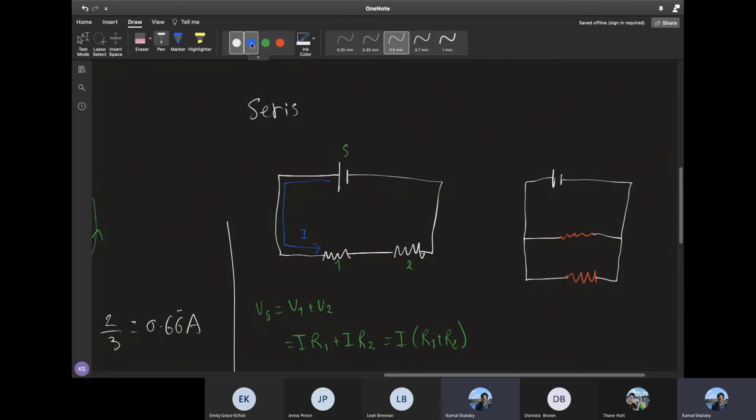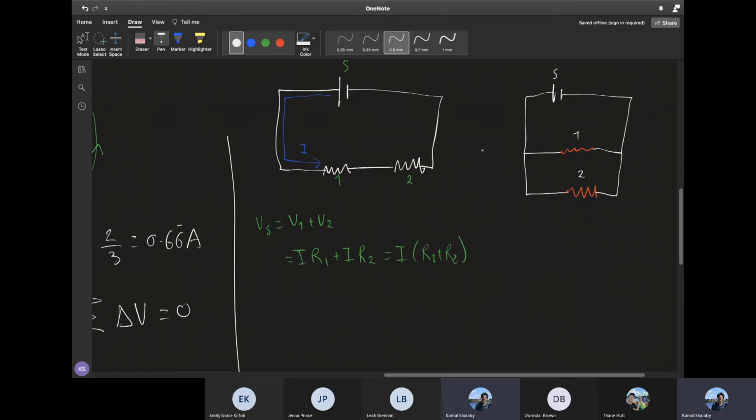Okay, this is again S, this is 1, and this is 2. You have this is I, which gets broken into I2, and this is I3. This is called just I1.